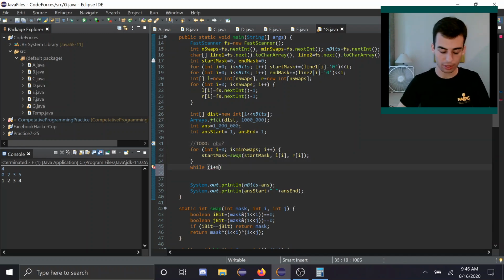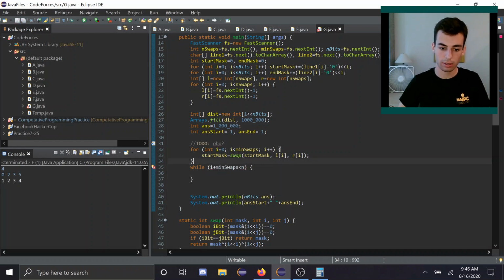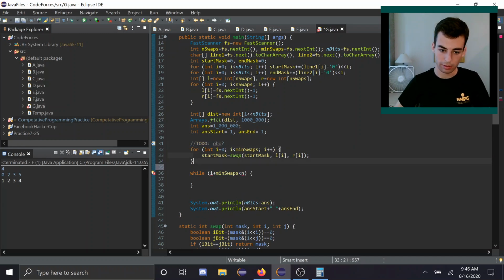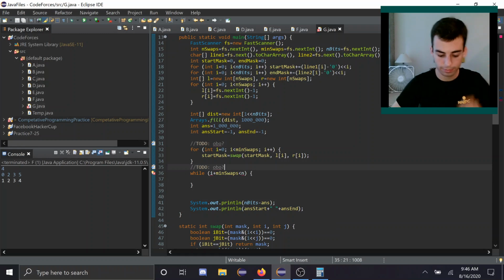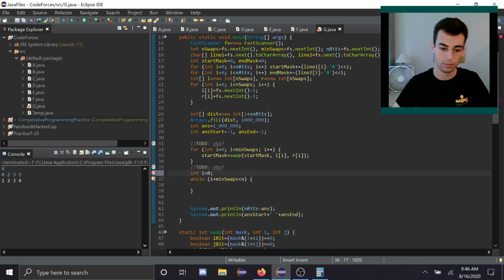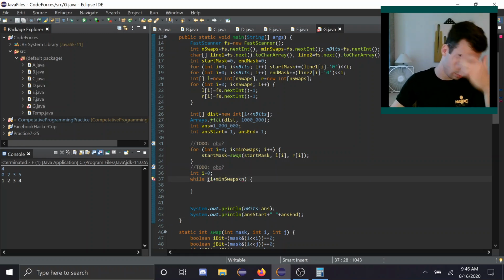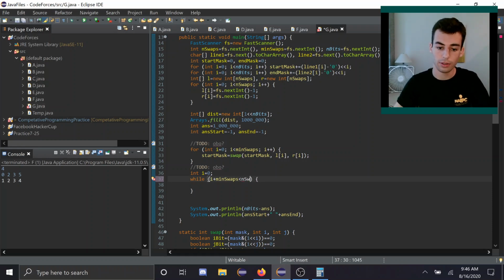So while I plus min swaps is less than n. Gotta be careful with my off by ones here. Is less than n swaps.